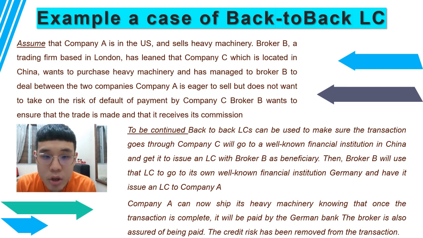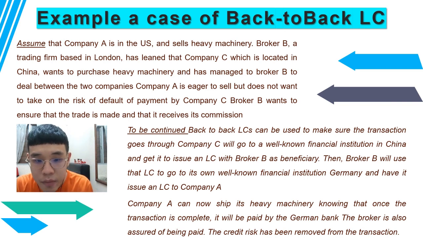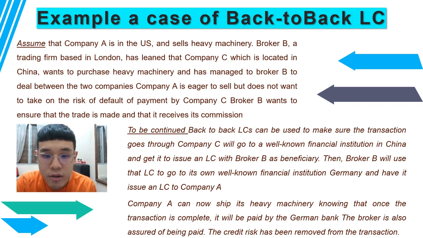The back-to-back letter of credit can be used in this transaction as follows: company C has its country's bank issue a letter of credit to broker B, and then broker B also uses that letter of credit with its own well-known financial institution to issue an LC to company A, which is located in the US, so that company A can now ship the machinery to company C. The letters of credit play an important role in transferring and providing a financial guarantee to company A, so that the transaction can be done and the credit risk can be avoided.